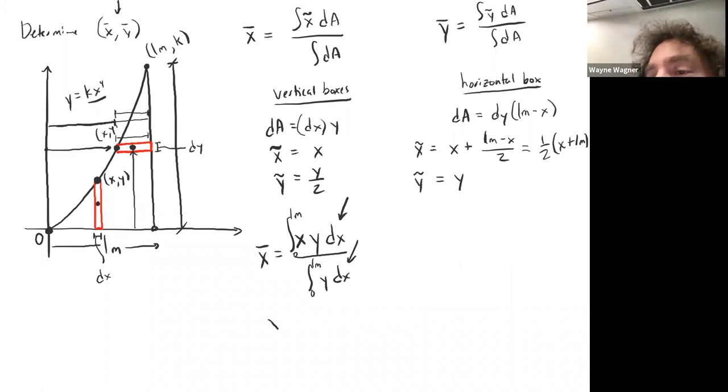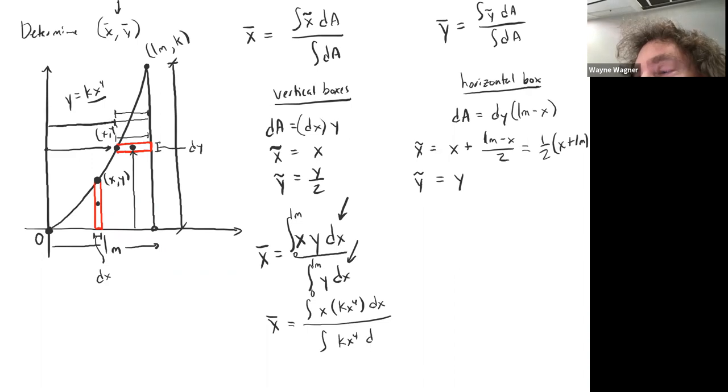So x bar equals the integral of x times kx to the fourth dx over the integral of kx to the fourth dx. To me, that looks solvable and not too terribly difficult.